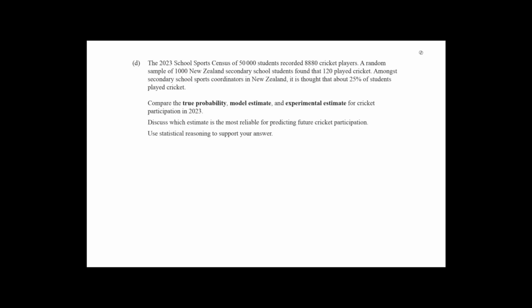So I guess the closest we've got to the true probability, which is, if we had perfect information, would be the N equals 50,000 survey.